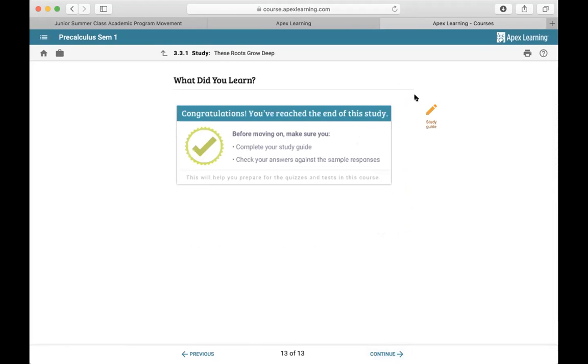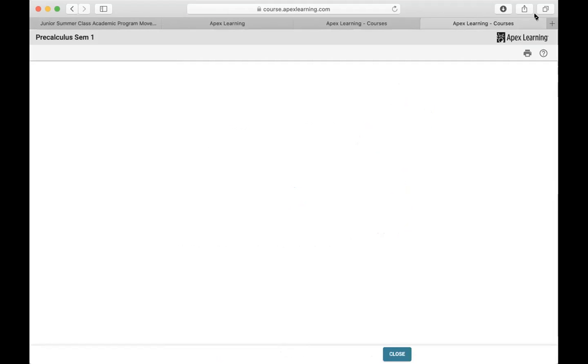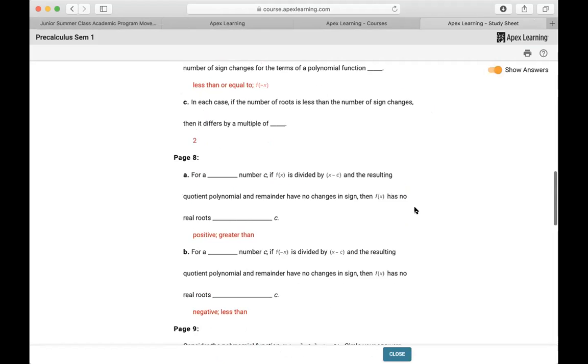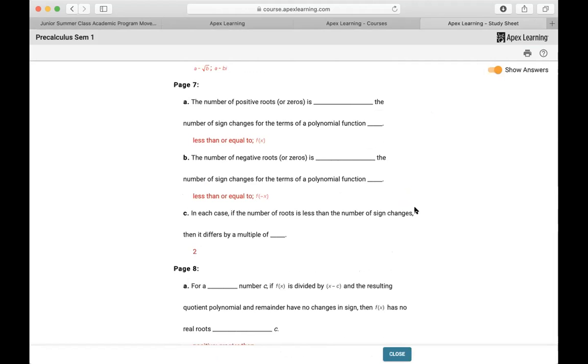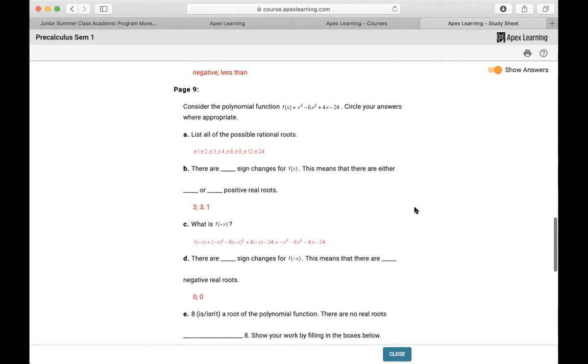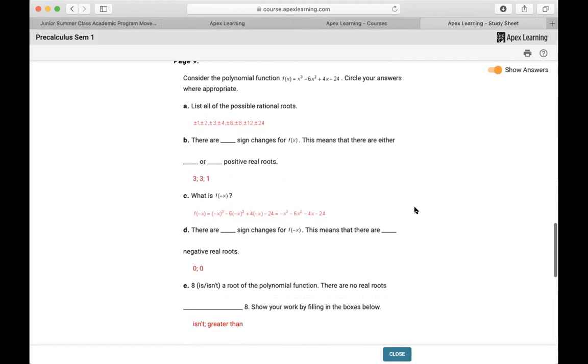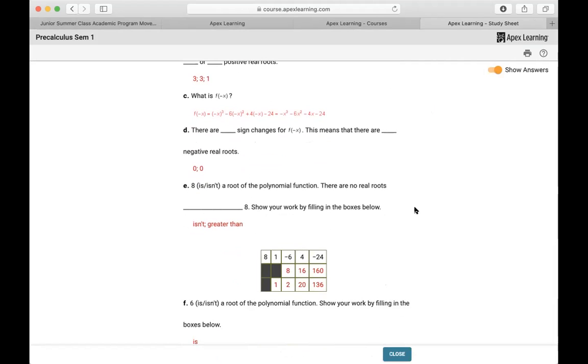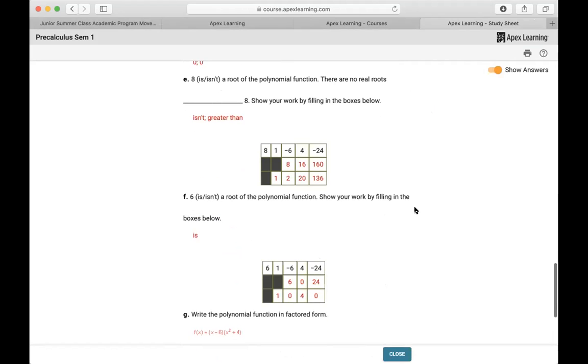I know I'm running out of time here, so let me quickly show you these answers. Again, you're going to follow the process of finding all the possible roots, looking at the equation, looking for those changes in signs, and then trying to find bounds if you can.